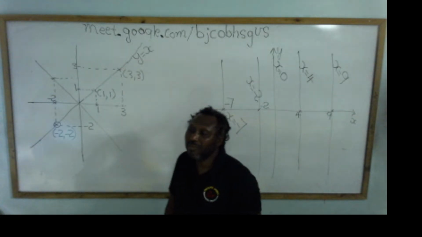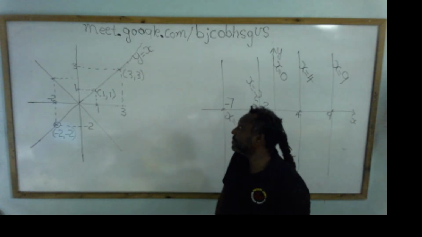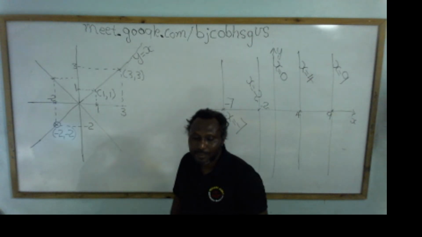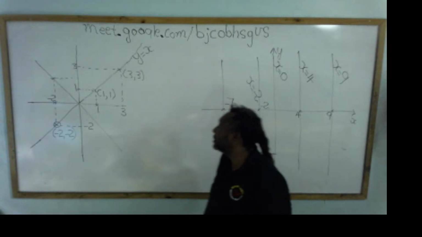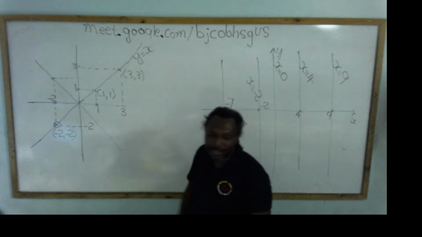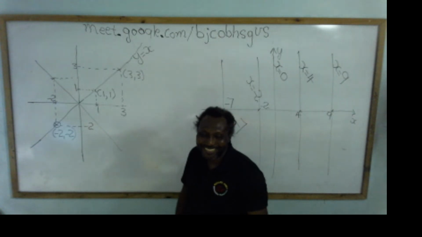So really, y is equal to x, and not the other way around. And of course, you also have to give consideration to the fact that the equal sign is not a two-way sign. The equal sign is a one-way sign. Right?